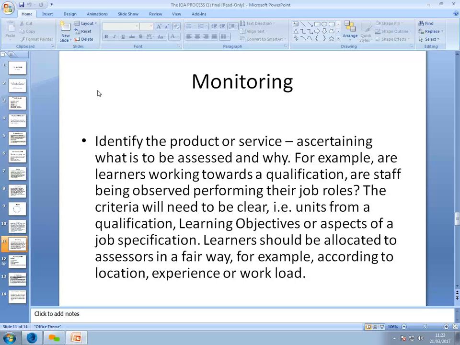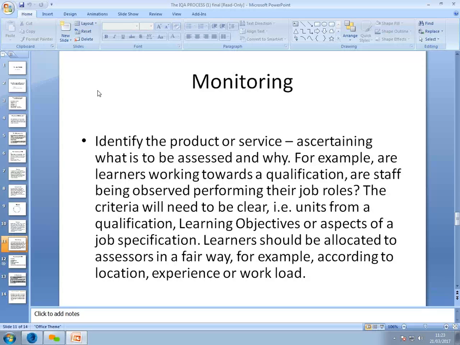Now it's a lot, and if the assessor is travelling out to companies to assess people in their workplace, there is the travelling time from place to place, as well as keeping all the records and documentation. So 40 could even be way too high for some qualifications. It depends on the qualification and the circumstances.